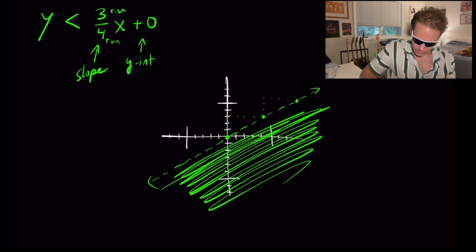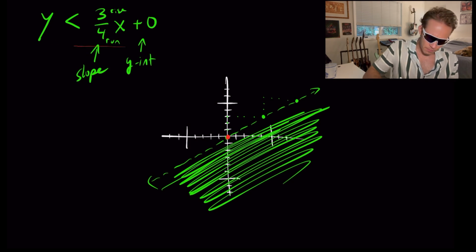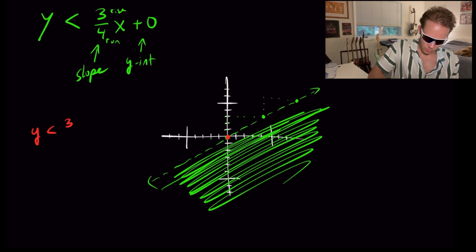And I'll show you. Why don't we pick 0, 0 right there? Plug it in to that inequality and see what happens. So I have y is less than 3/4 x, and we're using that point 0, 0.